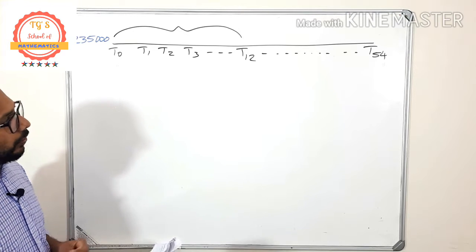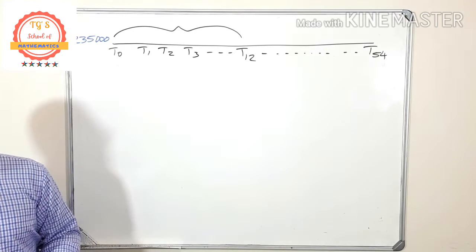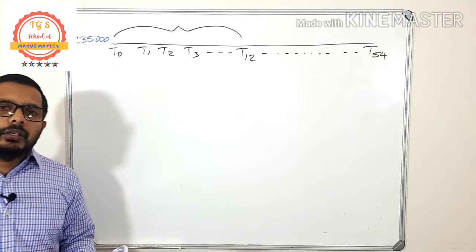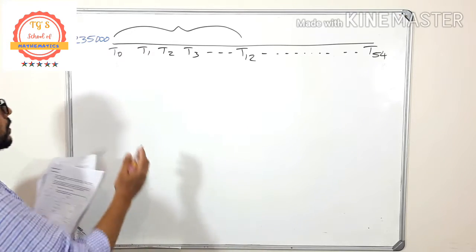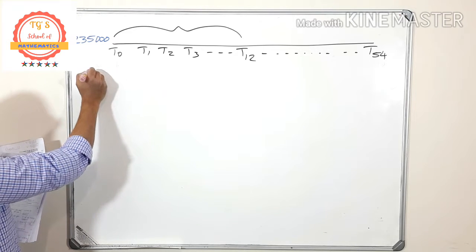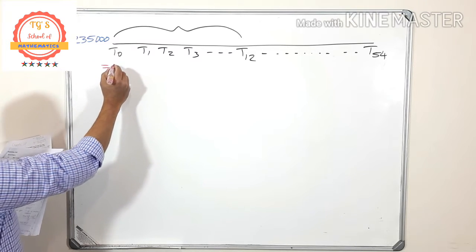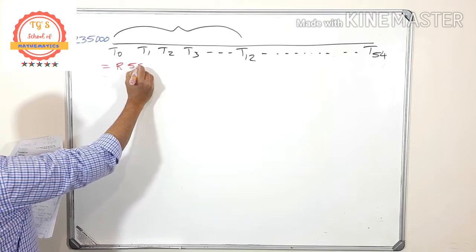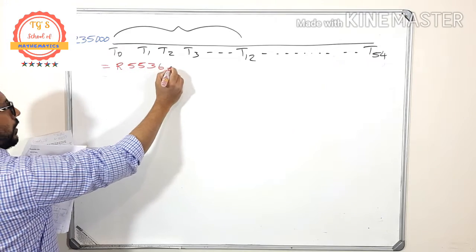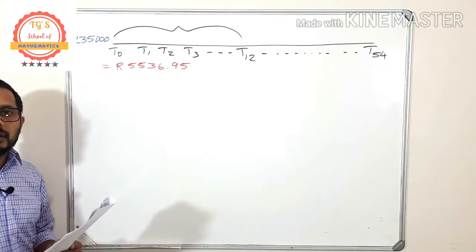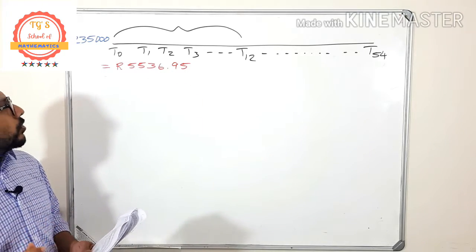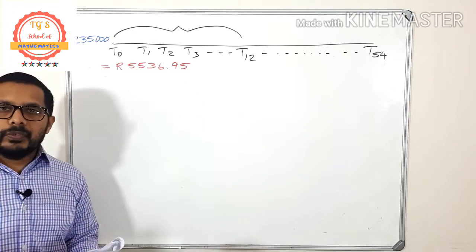So now look at the previous question. In the previous question, you already found what is the monthly installment. What was the answer for that one? Monthly installment X. It was 5,536 Rand 95 cents. This was the monthly installment from the previous question.